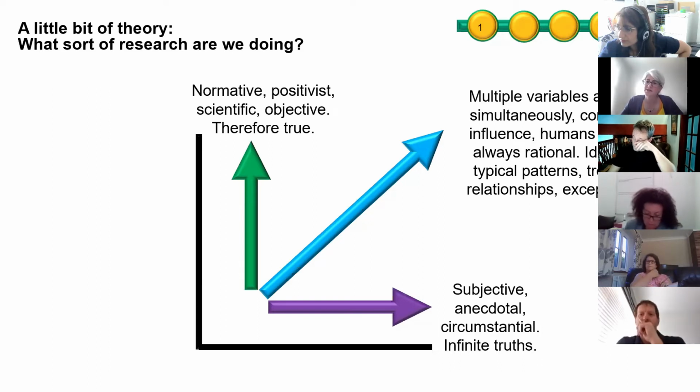We're looking for influences, but we're acknowledging that FE, and education, is complex. It's not always rational. And there are multiple variables that come to bear simultaneously and in different ways on anything. So it's tricky what we're doing, but that sort of situates Action Research, if you like, in a spectrum of ways of thinking about research.